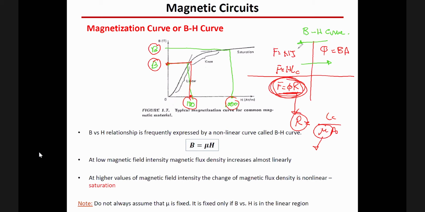Well, since you have N and I, you can find what is H. Then you find the corresponding B from the BH curve, and after that, you find the flux. Or the opposite. So you always move from one side to the other through the BH curve. And we are going to see this in a couple of examples. Or, once you find H and B, you can find the reluctance, and after that you can use this equation. It's up to you. Okay?